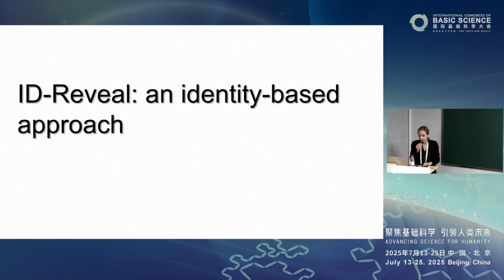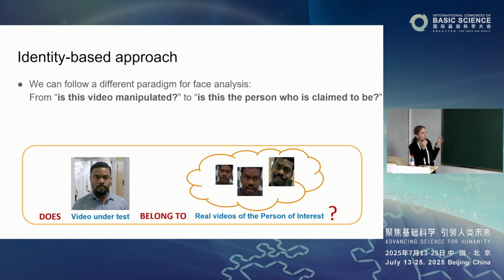Another one is ID reveal, which is an identity-based approach. This actually works only for faces. And the idea was this: let's change completely the paradigm for deepfake video detection. Let's try not to answer the question, is this video manipulated, but is this the person who is claimed to be?